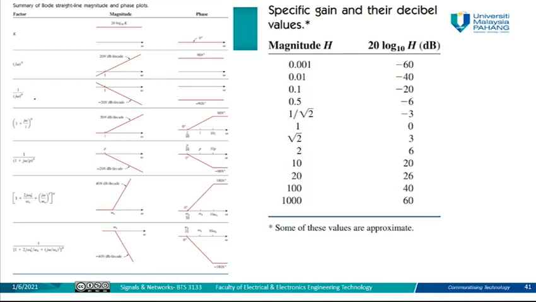Then if you have a pole at the origin, it will be negative 20 dB per decade times n, whatever the value of n, or negative 90 times n for the phase. If you have a first order zero or first order pole, and also the 2 here, these 2 that I told you we are not going to cover in this course, are related to the second order system. As you can see here, it can also be easily represented by its own components.